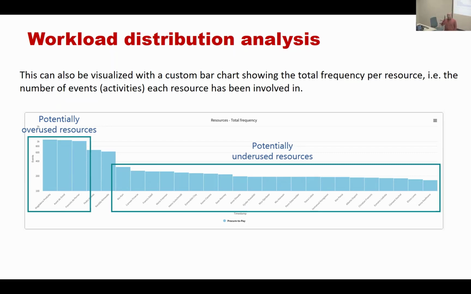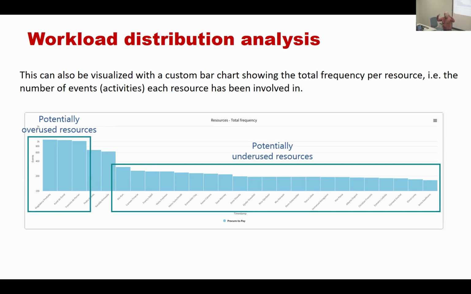That's why workload is an indicator of waiting time, but you should not equate it to waiting time, because your workload in a process might not be reflective of your total workload as a worker in the organization. And that is why it is useful to look both at the waiting time bottlenecks, as we saw at the beginning of this lecture, and also look at the workload distribution.